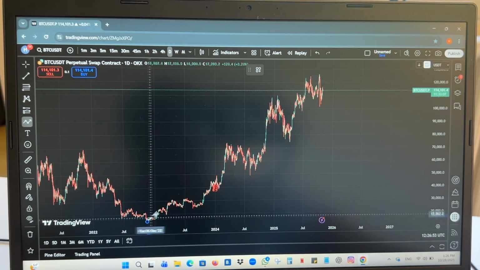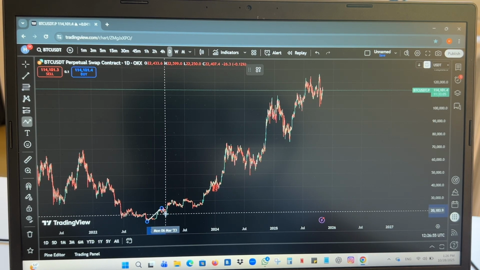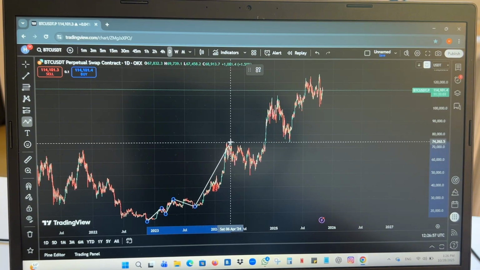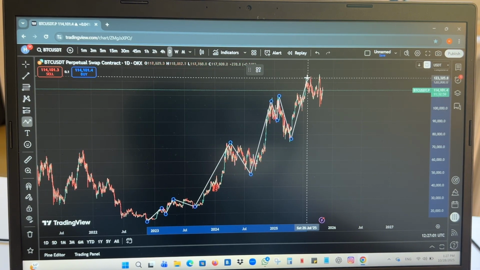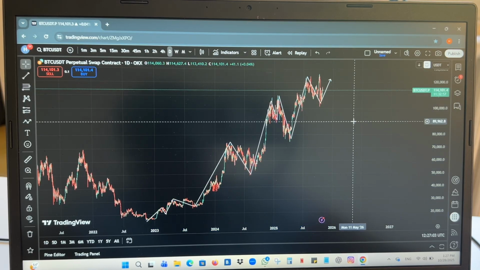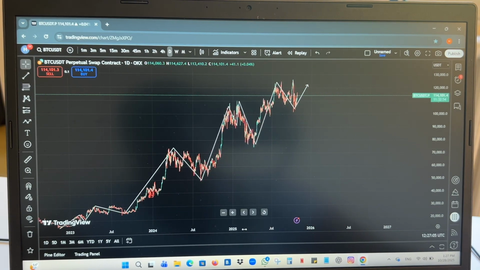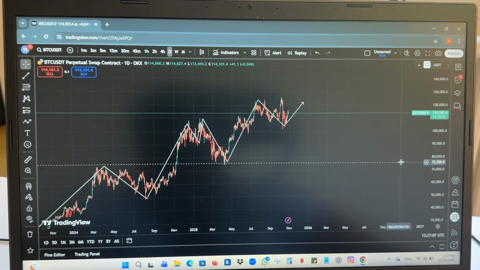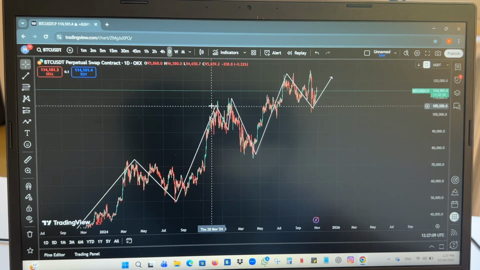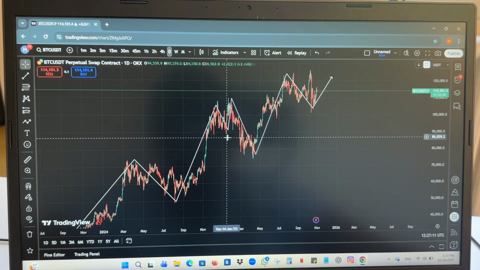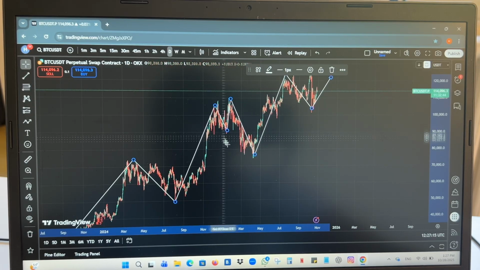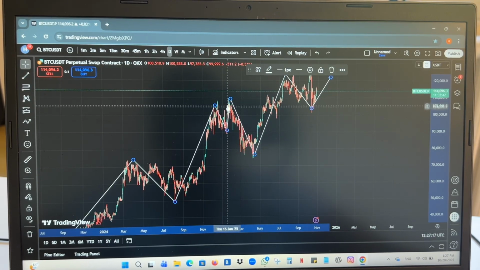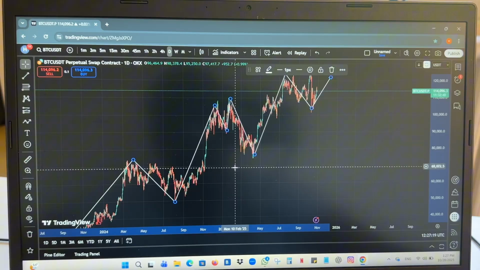So from here, it's making higher lows, higher highs. There you go. So by the looks of it, you can see that here it made that shift. It went down further, a bit lower than the previous low.